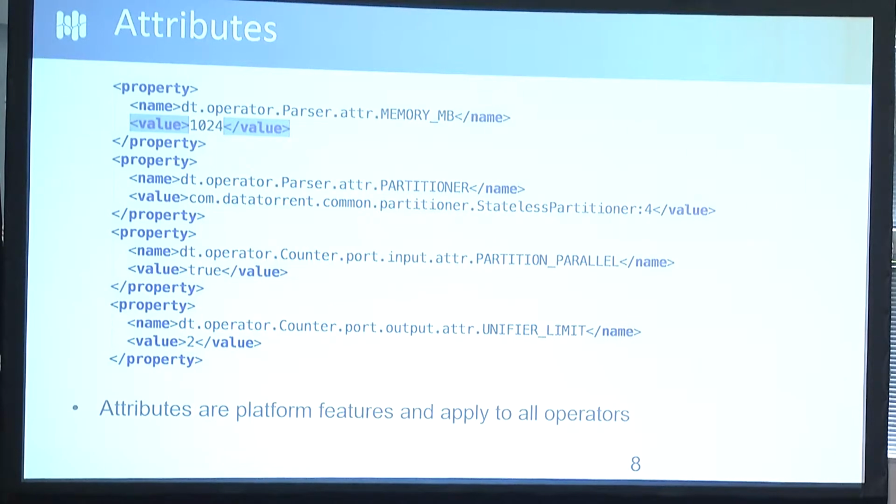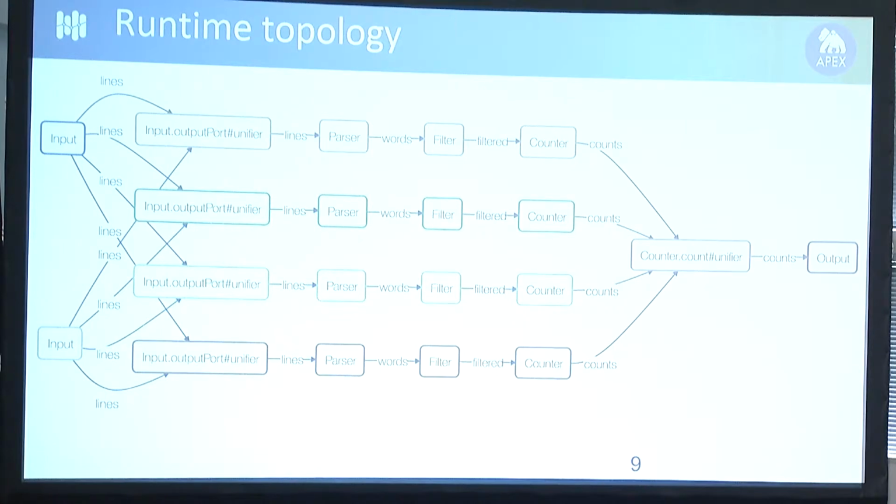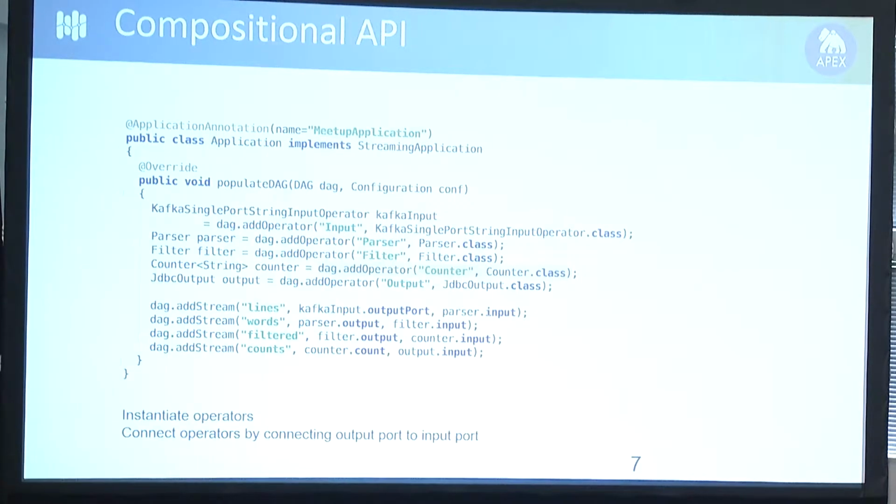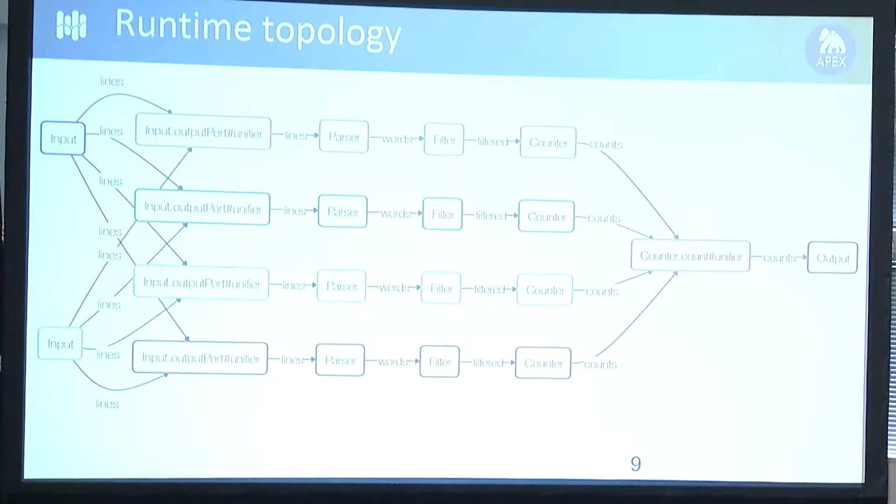So it's going to be fixed, and it's going to remain at 4. And then I'm saying that the counter is going to be parallel partitioned to the parser. If you look at the output, the same DAG that you created here, with the input, parser, filter, counter, and output, is going to look like this at runtime.